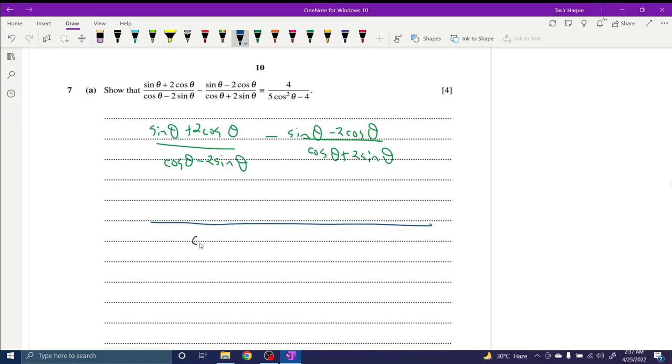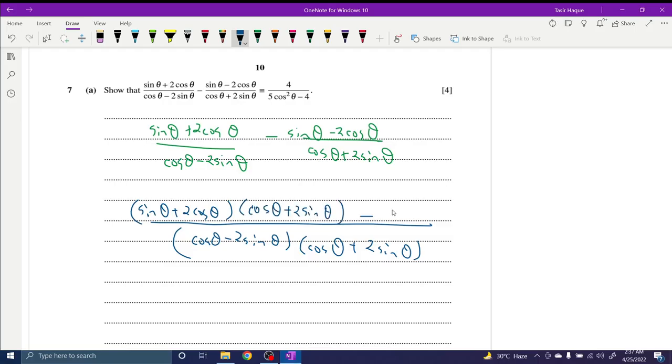So below it's actually (cos theta minus 2 sine theta) into (cos theta plus 2 sine theta). Above it's (sine theta plus 2 cos theta) into (cos theta plus 2 sine theta) minus (sine theta minus 2 cos theta) into (cos theta minus 2 sine theta). This is what we have ultimately.